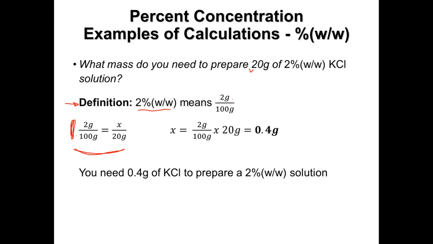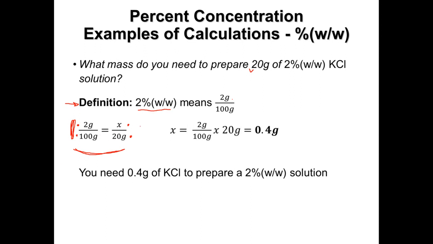I know that if I have to prepare 100 grams, I will need 2 grams of solute. So how many grams would I need if I had to prepare 20 grams instead? That's the reasoning, and it is based on the fact that no matter what the overall mass of solution is that you're preparing, 100 grams or 20 grams, the ratio between the mass of the solute and the mass of solution should always be the same.